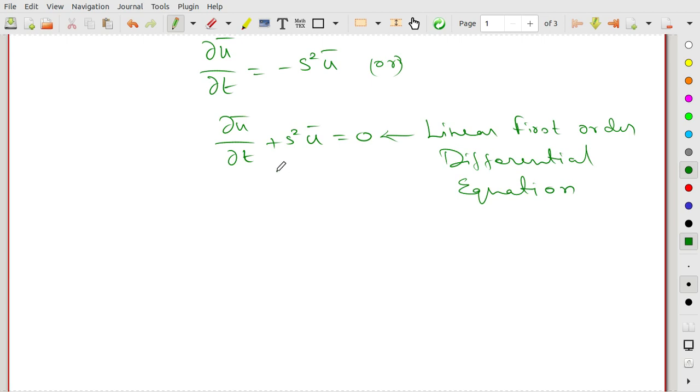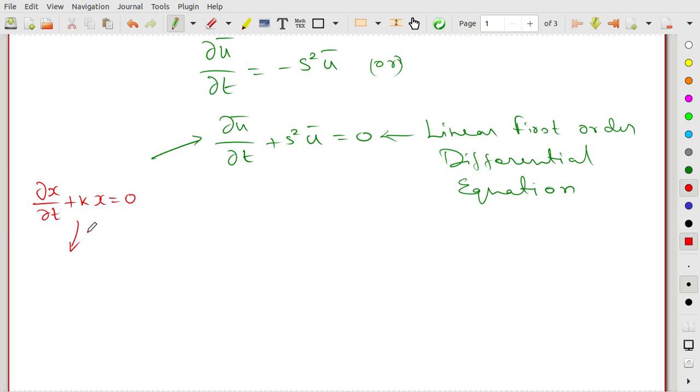And we have a general solution for this equation, and it is u bar equals a into e power... let me write it in a more general way, any function of this form: dou x by dou t plus k, some constant k, x equals 0.